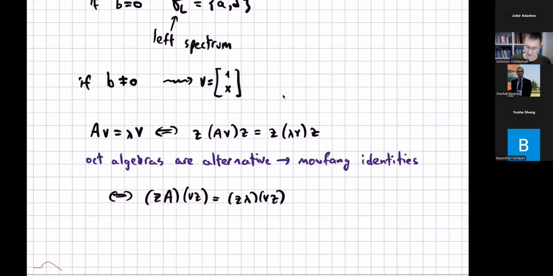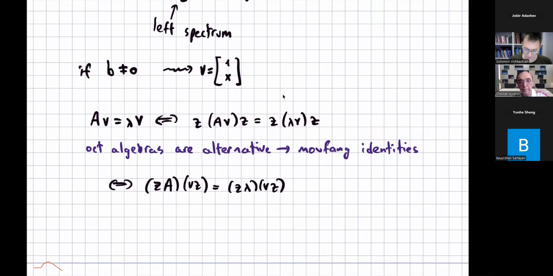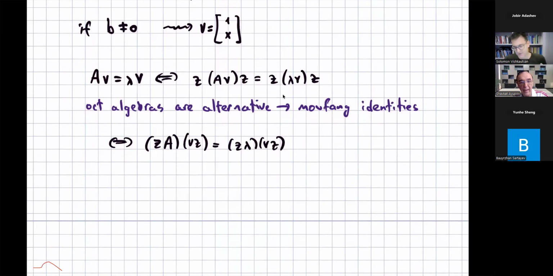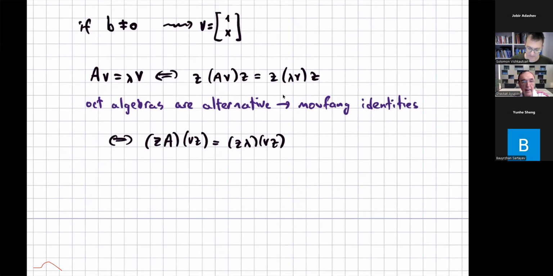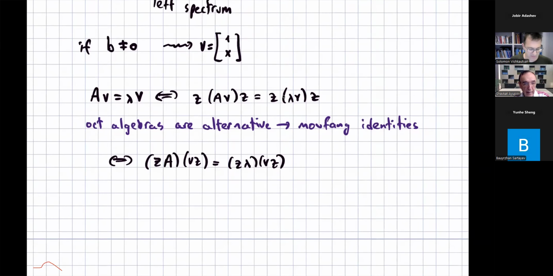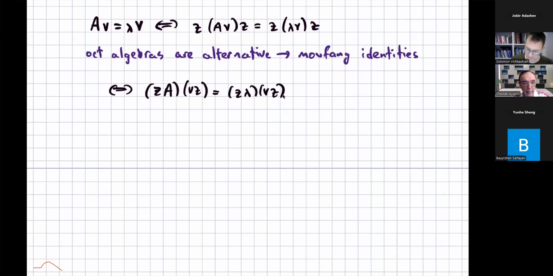And later we'll talk about how we recover the original eigenvalue and eigenvector. Okay, but now we can start by assuming that our eigenvector has 1 in its first entry.